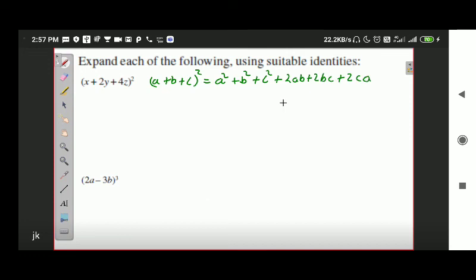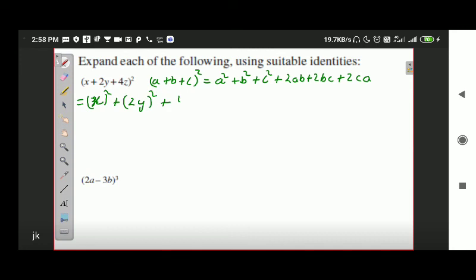In place of a we have x, in place of b we have 2y, in place of c we have 4z.